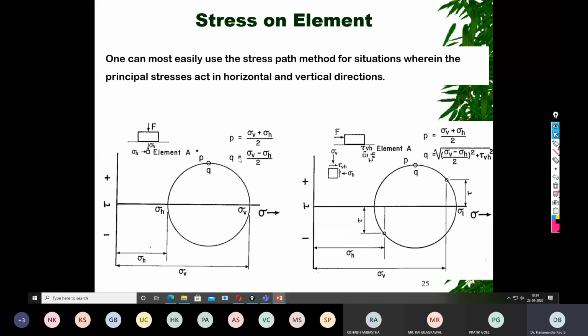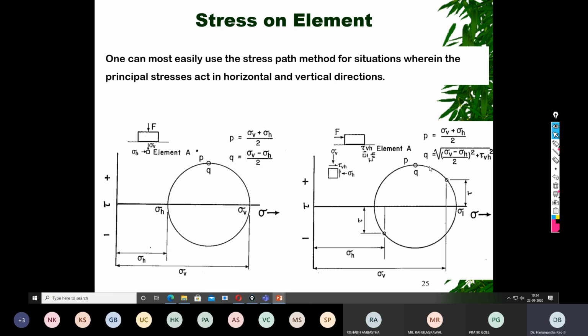So either you represent in terms of the major and minor principal stresses or simple horizontal and vertical stresses. If you also know the intensity of the shear stress in addition to the horizontal and vertical stresses, that is sigma h, sigma v, and tau vh, this is how it looks.